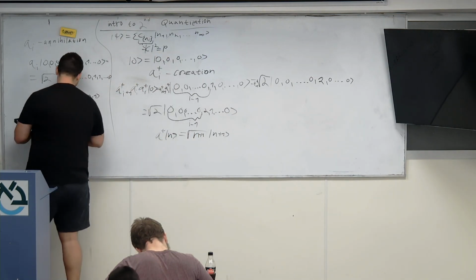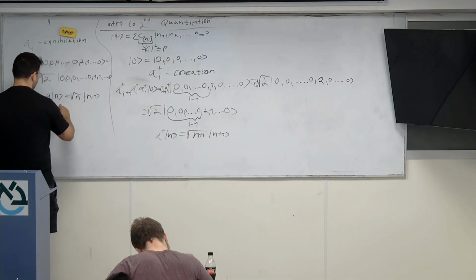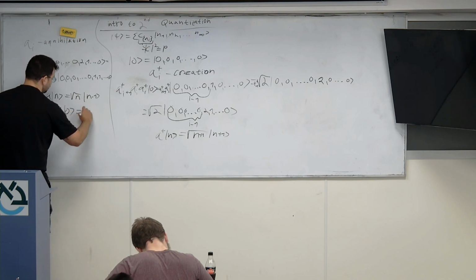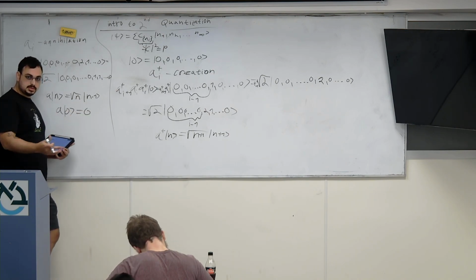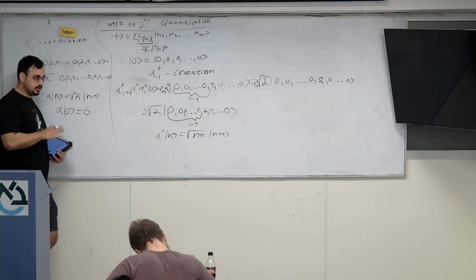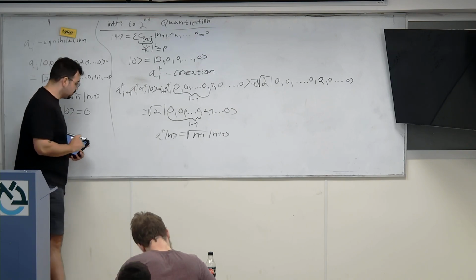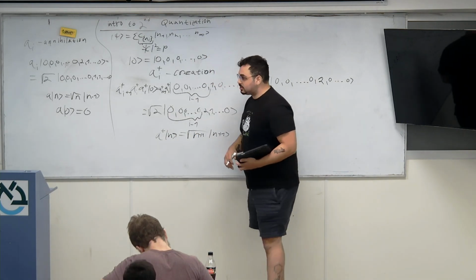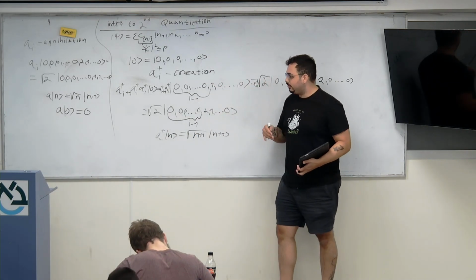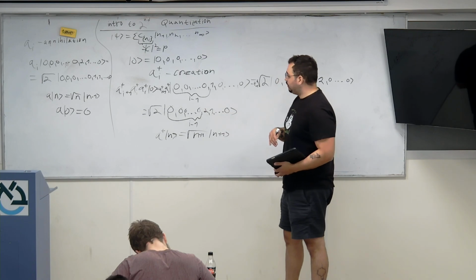So it's a bit different. And we see that a on the vacuum, the annihilation operator on the vacuum, will give us 0. The number 0, not zero particles and stuff like that, really the number 0.